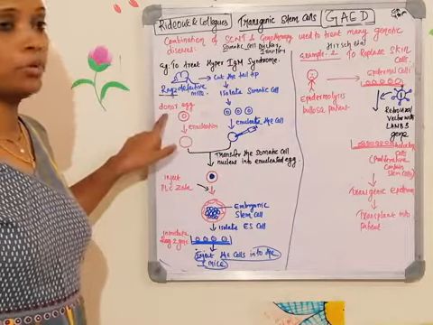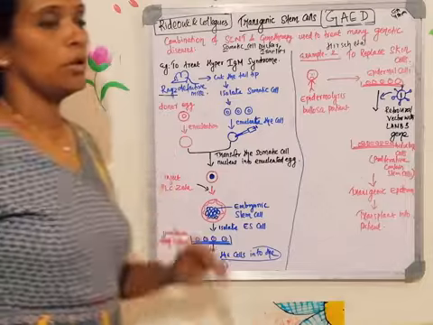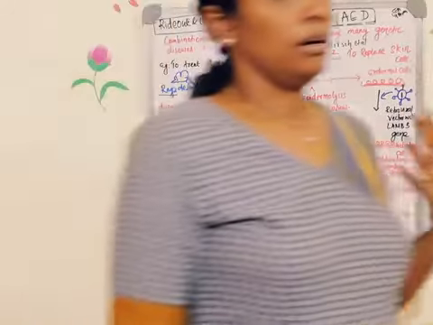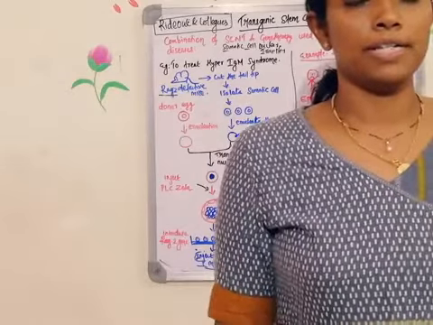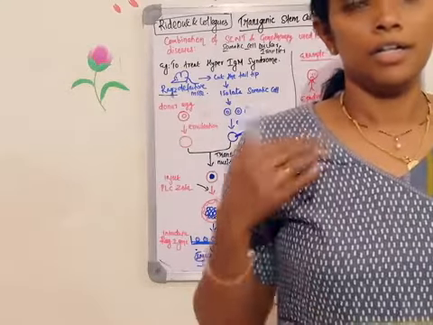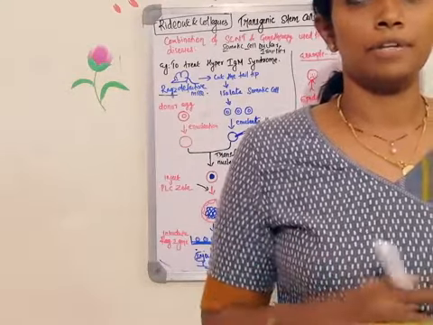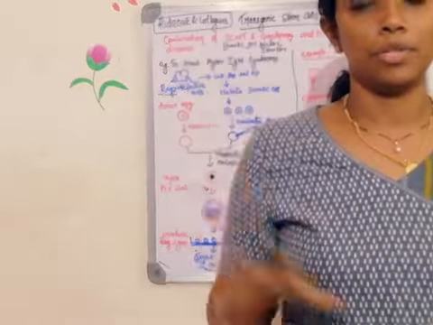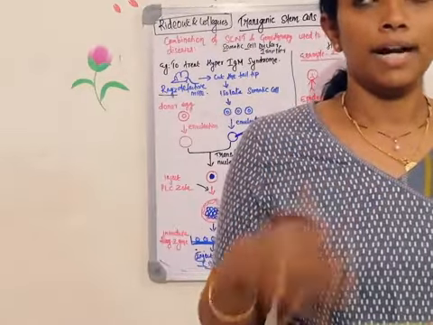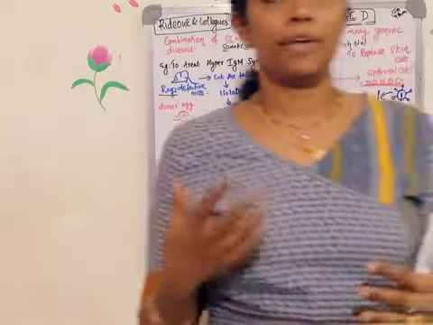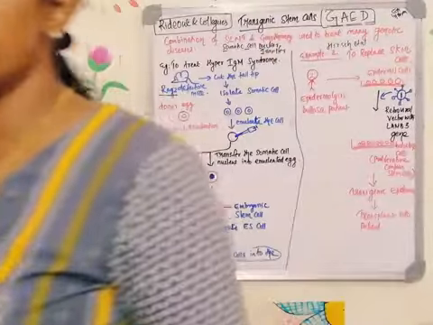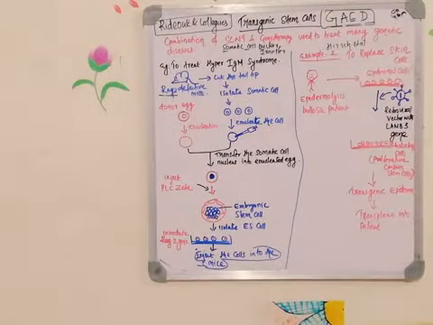Now, where will you get the donor egg from? Usually the donor egg will be collected from the in vitro fertilization lab, because you know that the in vitro fertilization lab uses many eggs, induces fertilization, and after fertilization implants them into the uterus. When they collect eggs for in vitro fertilization, the excess number of eggs in the lab, instead of just being thrown away, can be used for this particular process.